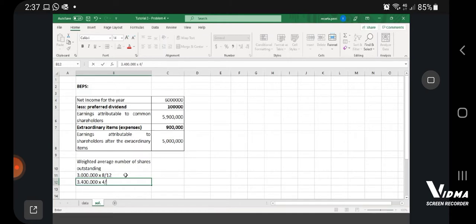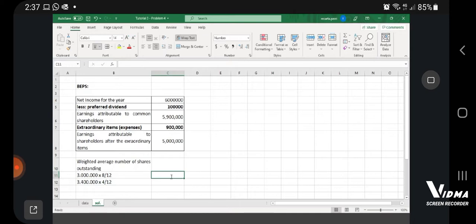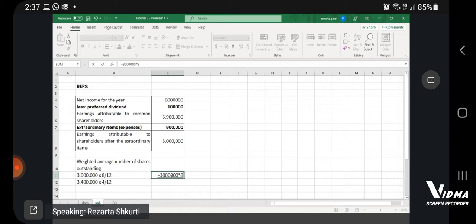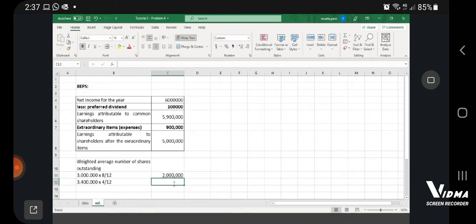They are outstanding for 4 months out of a year. So again, if we make the calculations, 3 million multiplied by 8, I'm just following some formulas. So if you try to use the same Excel files, that can be helpful. So the total here gives us the amount of the outstanding weighted average shares. Sorry about that.